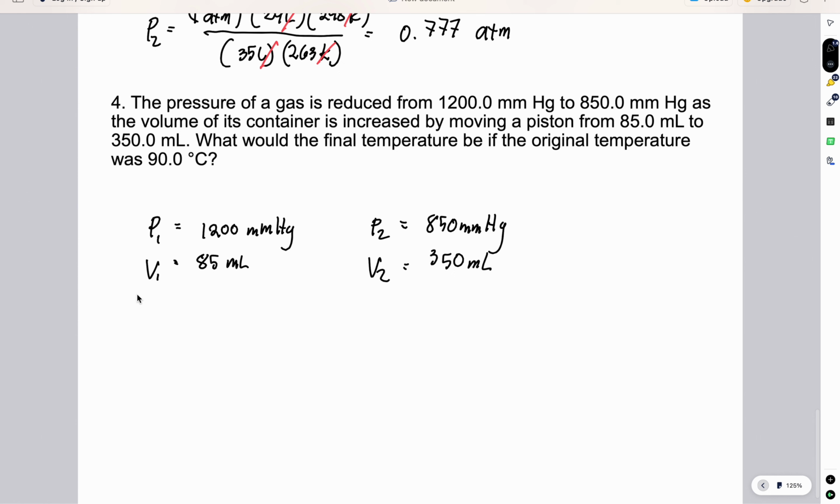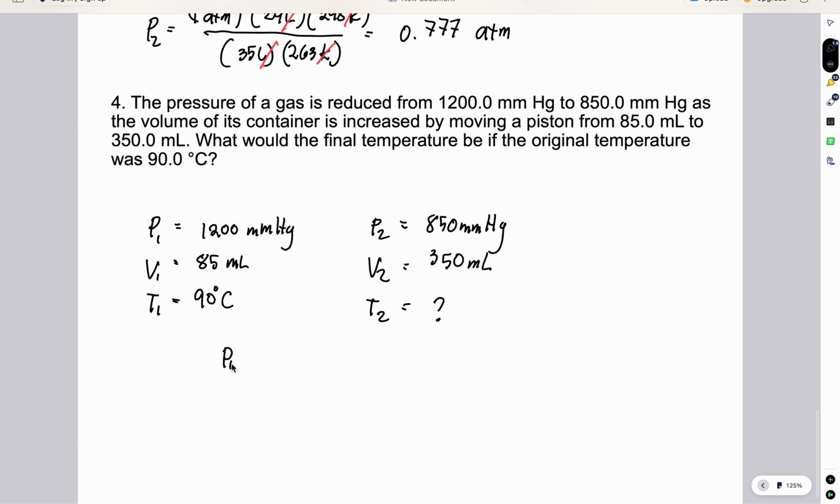What would be the final temperature if the initial temperature is 90 degrees Celsius, and temperature 2 is what we're looking for?